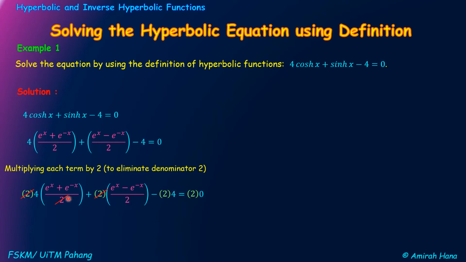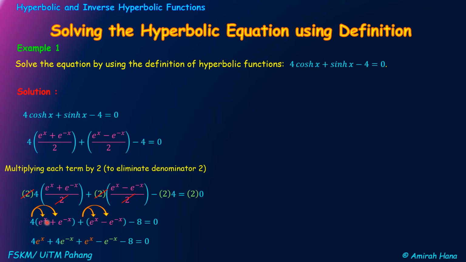After we simplify, we get 4 times e to the power of x plus e to the power of negative x, plus e to the power of x minus e to the power of negative x, minus 8 equals 0. The right hand side is still 0 because 0 times 2 equals 0. Then we expand one by one to eliminate the brackets.